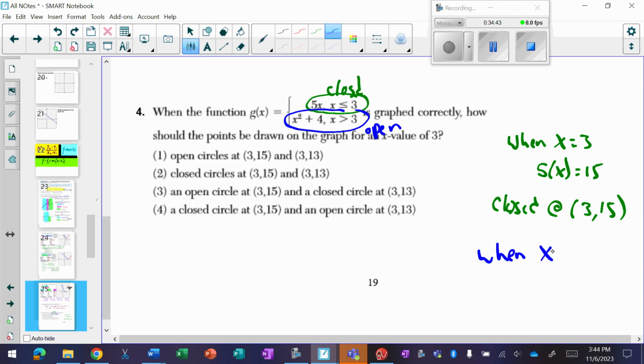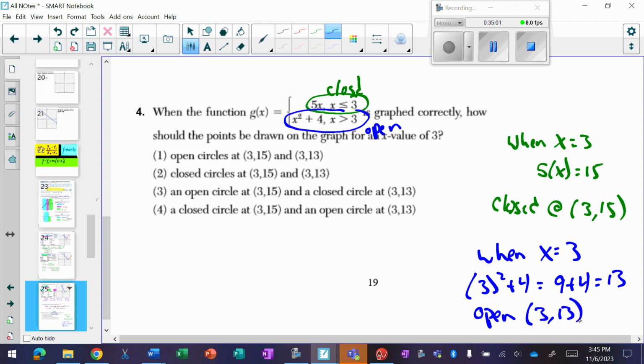When x is 3, the other graph gives us a y value of 13. So that would be an open circle at 3, 13. So now let's look at our choices. Find the right choice, circle it, and then you can go work on your practice.